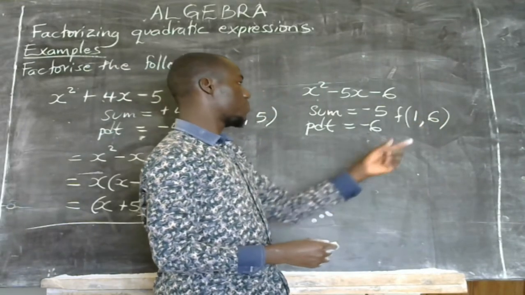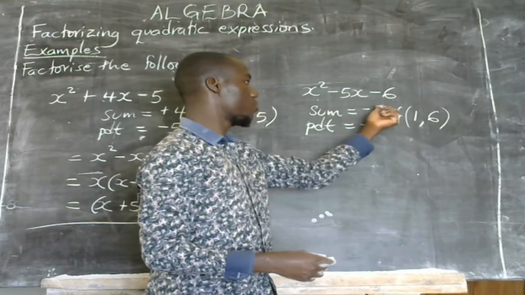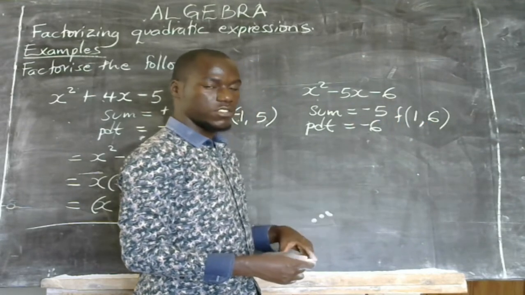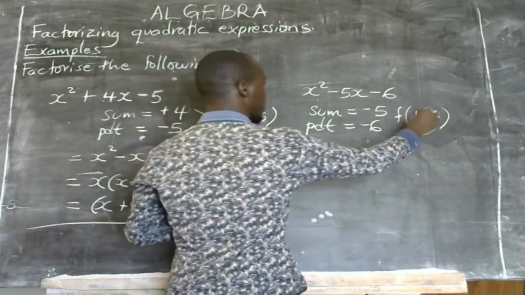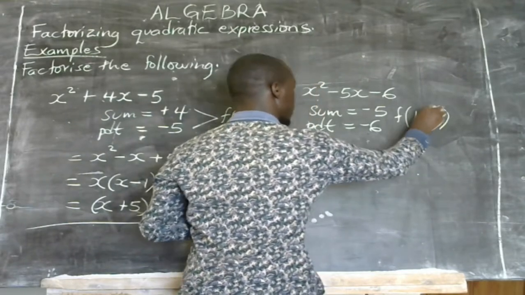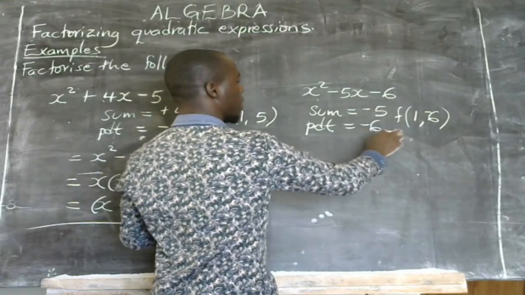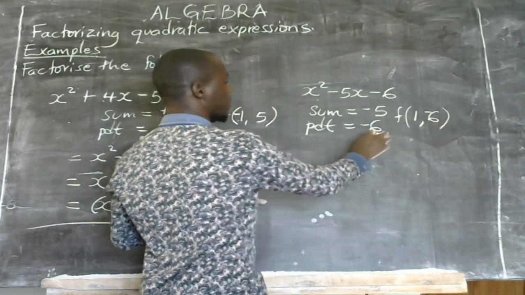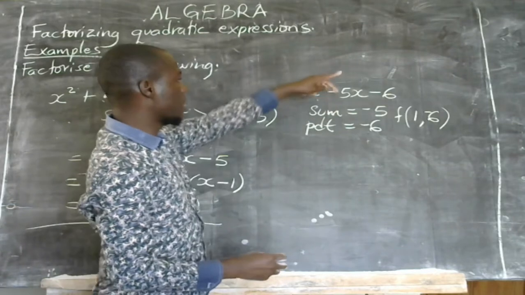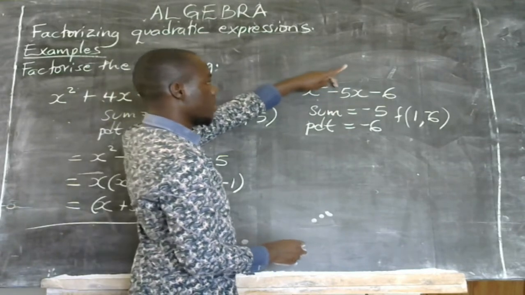Now I need to manipulate one of them to suit these two conditions. So that is, I negate the 6 there. When I add it, it gives me negative 5. When I multiply, it gives me negative 6. Then now I substitute them in there.